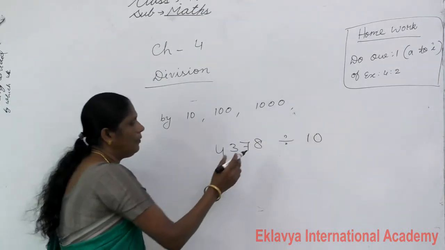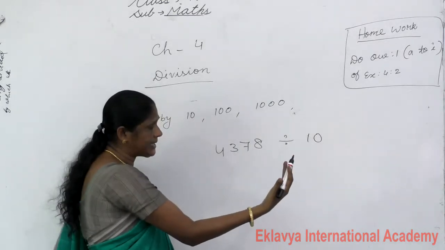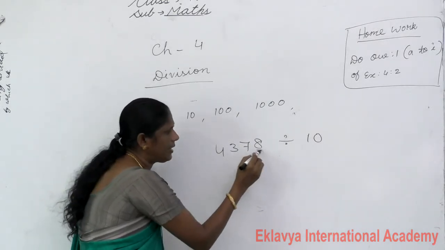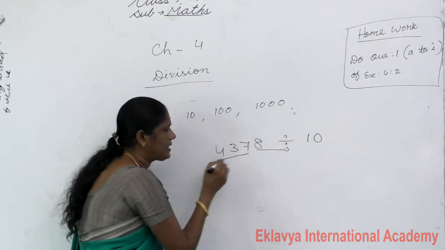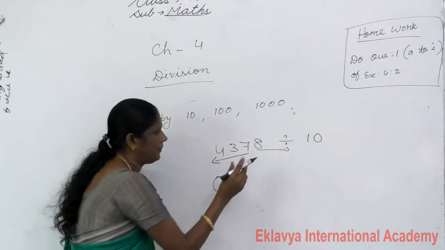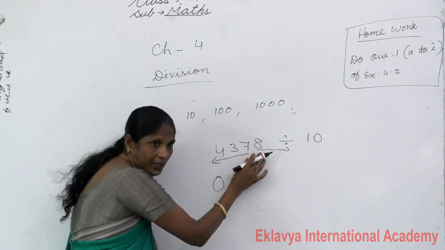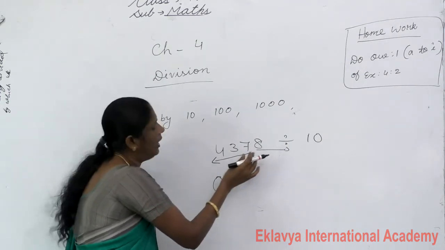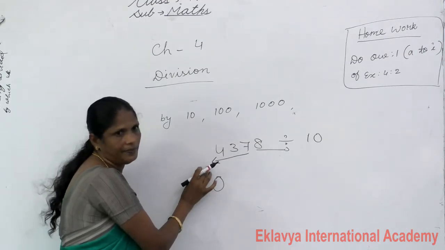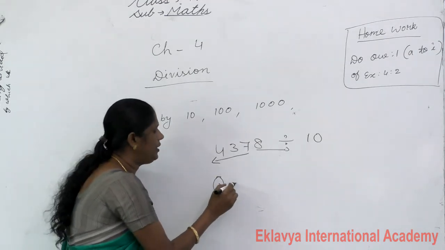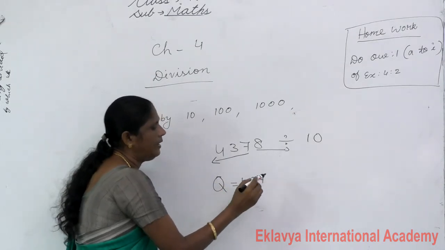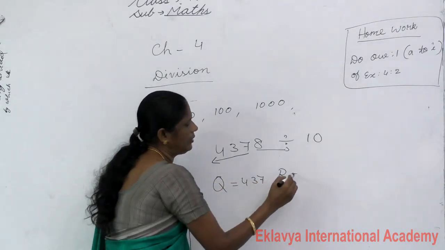Here, this is our right hand side. Then your removed number is your remainder, the left number is your quotient. Our quotient is 437, remainder is 8.